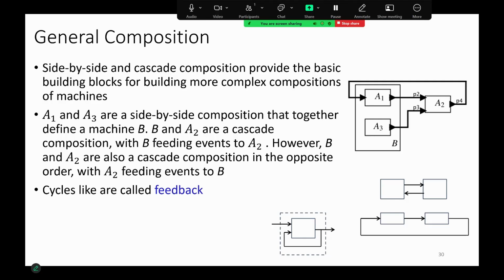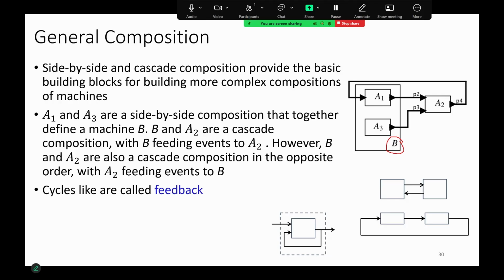Also B and A2 is cascade. And if you remember, if the feature is for B, it means it holds for A3 and A2 and A1. So B and A2 are cascade composition with feeding event to A2.